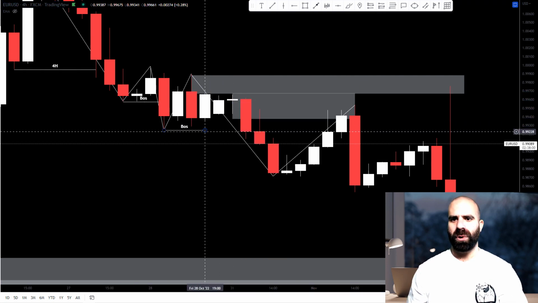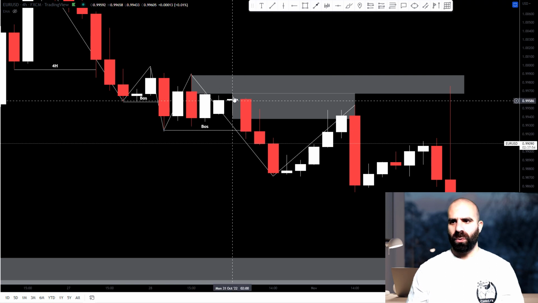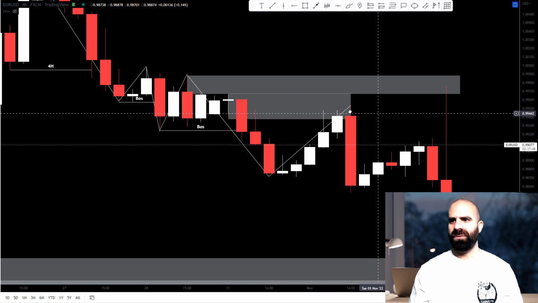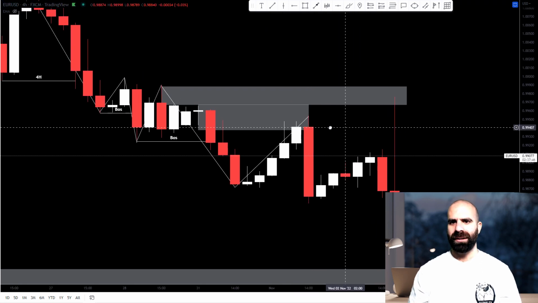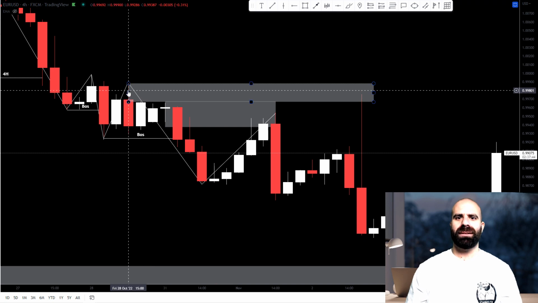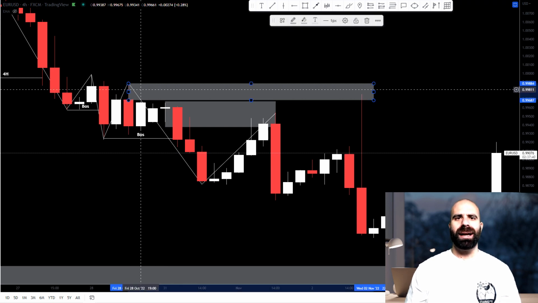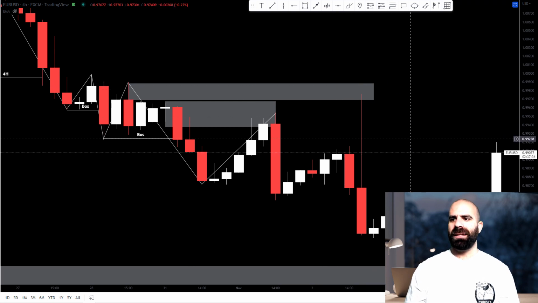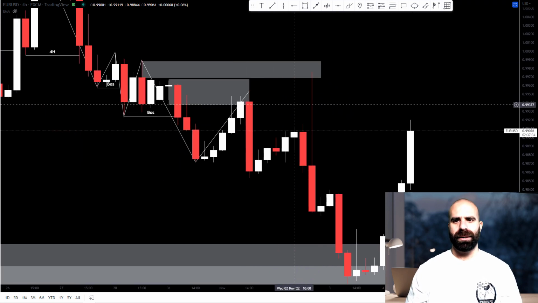Here, we broke structure again. And we have this order block right here, the white candlestick, which was tested perfectly at the 50% level, and then we went. But we also had this highest point. The wick is an order block by itself. Price came back, retested this one, and then went.